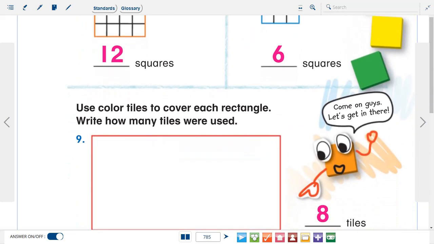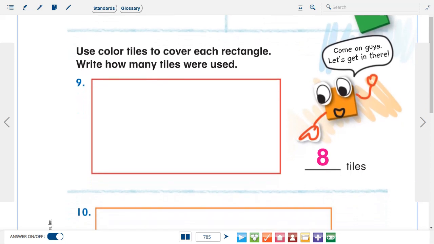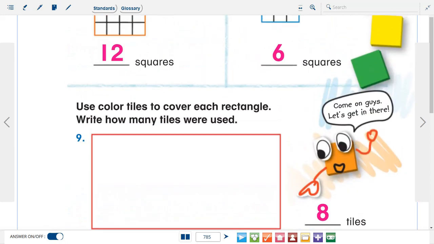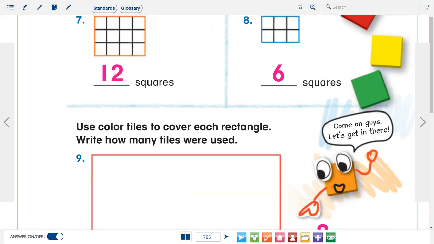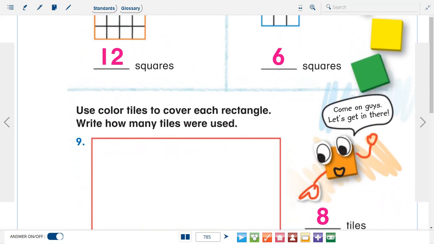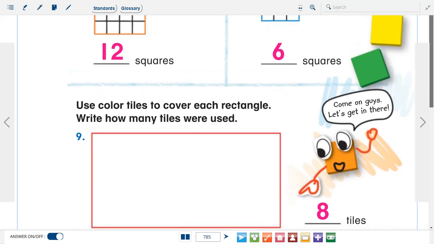Okay. Use color tiles to cover each rectangle. Write how many tiles were used. Okay. So in this question, we must use tiles, which is those pieces. So I must give you these pieces to do it. You can divide it to 8 pieces by drawing, but remember that they should be squared like these tiles, and they should be equal.